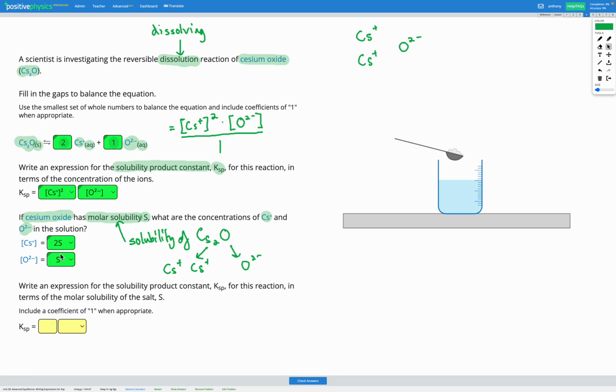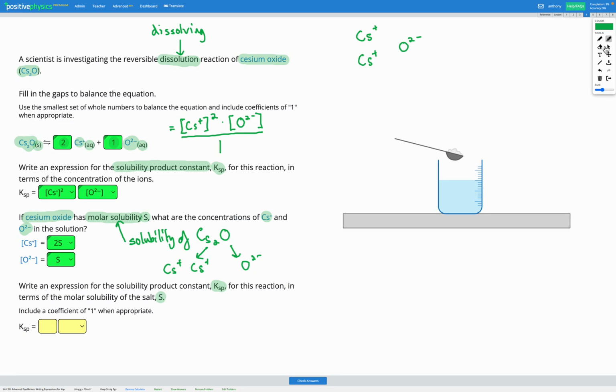So that tells us the concentrations of our cesium and oxygen ions in our solution in terms of the molar solubility. Our final step is to find an expression for the solubility product constant Ksp, in other words, the equilibrium constant for dissolving, for this reaction, in terms of the molar solubility of the salt S.